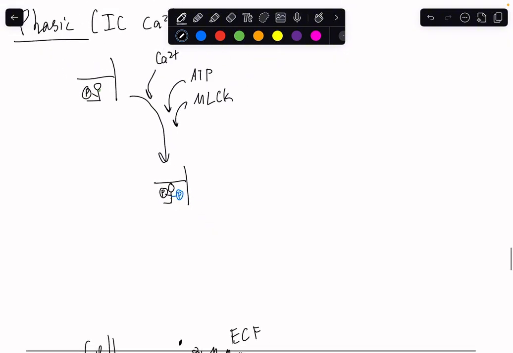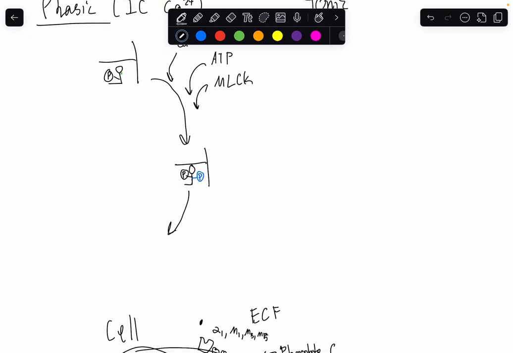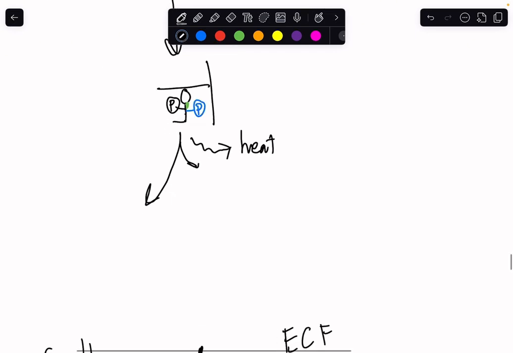Okay. Once it makes contact with actin, when the head makes contact with that, makes a bond, it's going to release some heat, kind of like what we saw with the skeletal muscle, right? It's going to release the ADP, which was this before, and then it's going to release a phosphate.